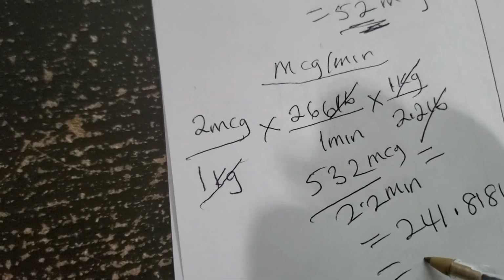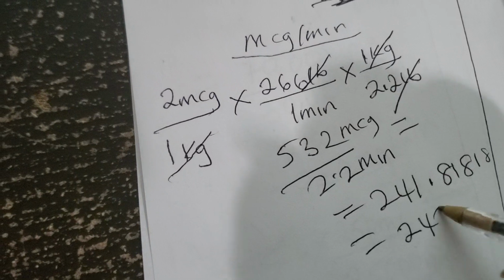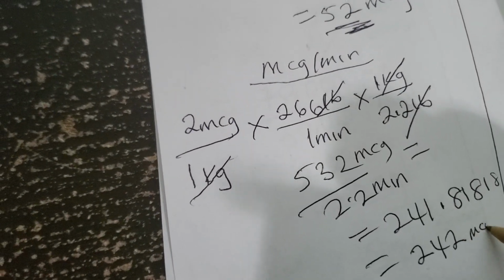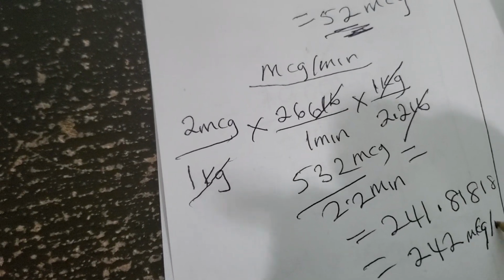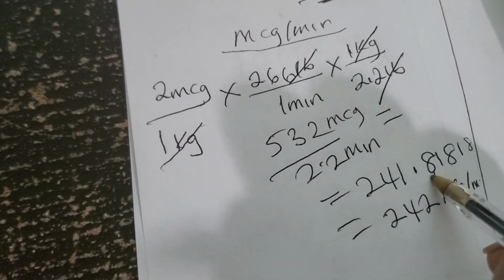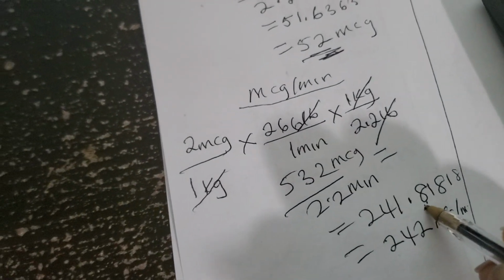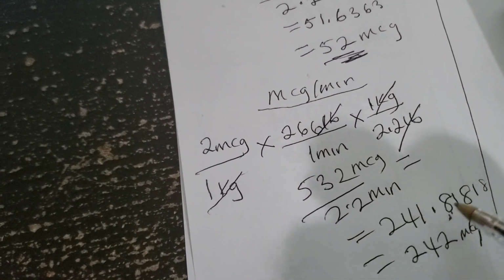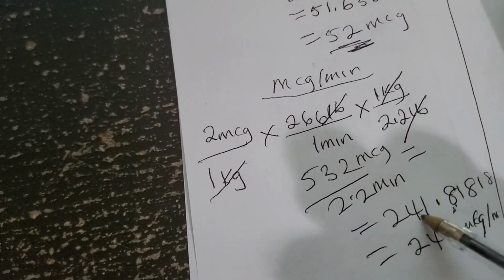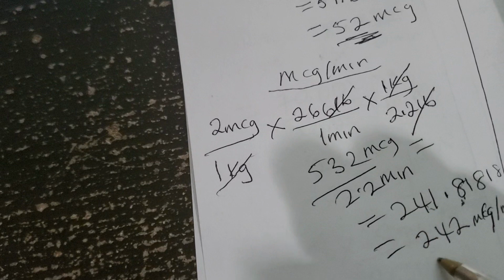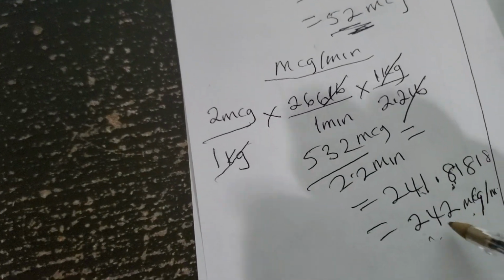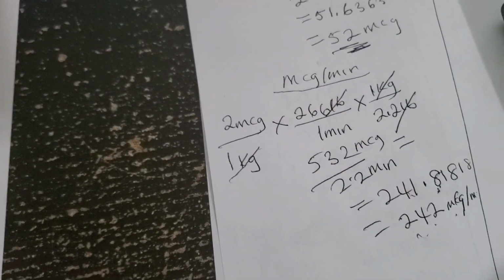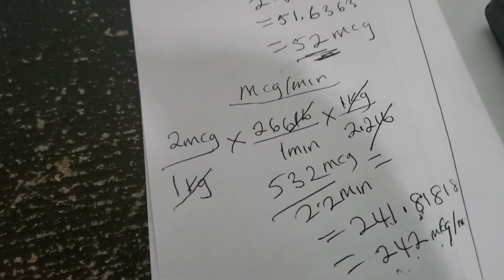So to the nearest whole number is 242 microgram per minute. The number at the tenths place is more than 5, so what you do is add 1 to this one, and that will make it 242. Did you get it right? I hope you got it right.